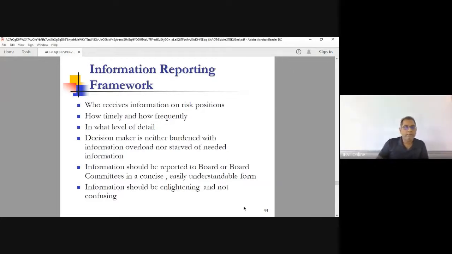So, in a way, information reporting falls into the technology side of it as well, but it also comes down to presentation. It's a mix of your analytics, your technology, and then how you report it. Sometimes I see that there's plenty of data, plenty of good information, plenty of good analysis. However, there is a very poor presentation of it.